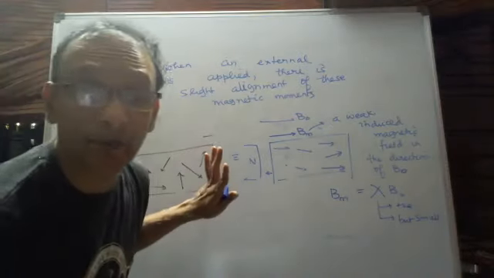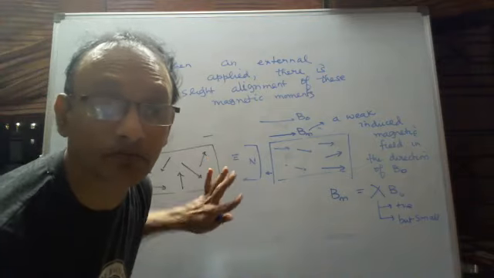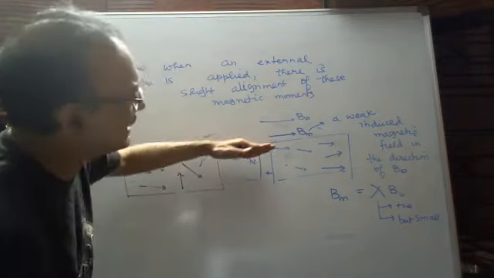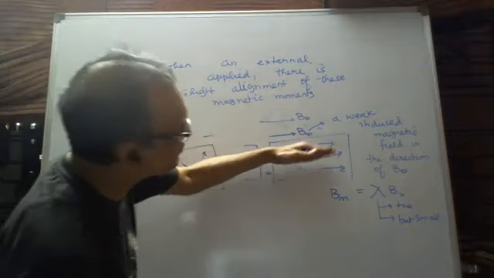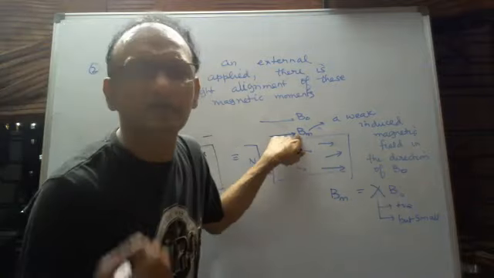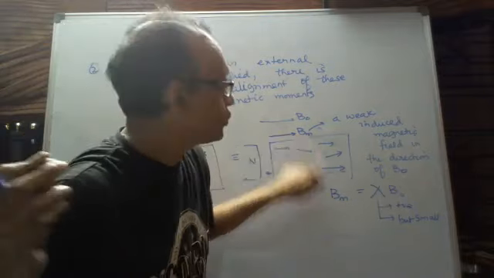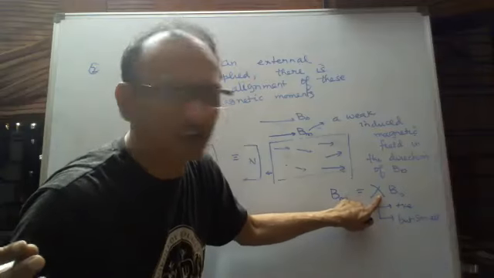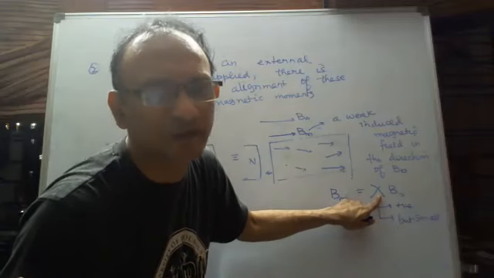Every atom has an unpaired electron, which is why this happens, but it aligns only weakly when an external magnetic field is applied. So the induced magnetic field is small, and the magnetic susceptibility for such material will be small.